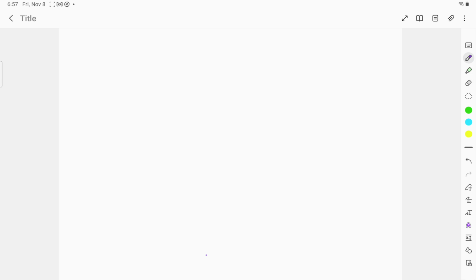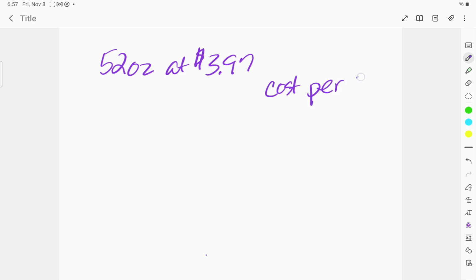And you're going to do cost over weight. If you did have one, let's say that first one, that 52 ounces at $3.97, and it wanted to know what the cost per 2 pounds, then you would say 3.97 over 52 ounces is going to equal how many dollars over 2 ounces.